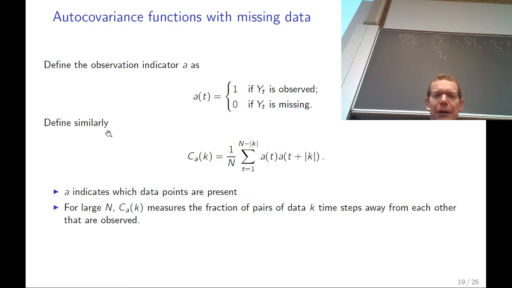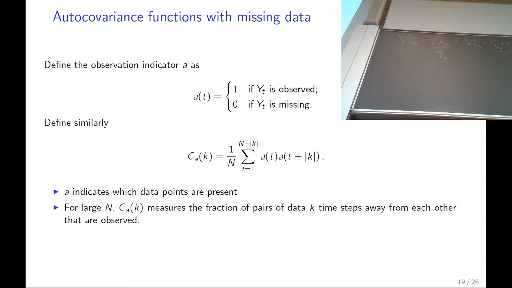So to get back to missing data, of course, that not only happens when you're doing filtering. We still want to identify the models. We still want to calculate the autocorrelation function. So we'll have a small helper function called A that is an indicator function, which means that it's a 1 if yt is observed and 0 if it's not observed. And then we'll basically just calculate for a particular lag how many pairs do we have.